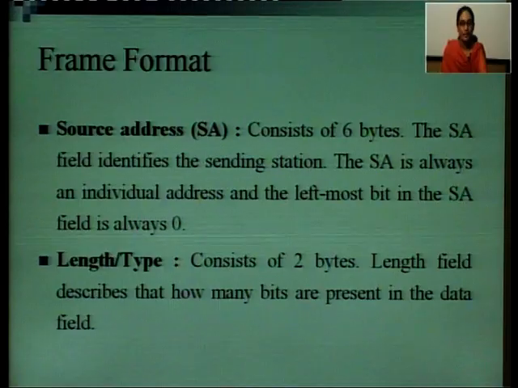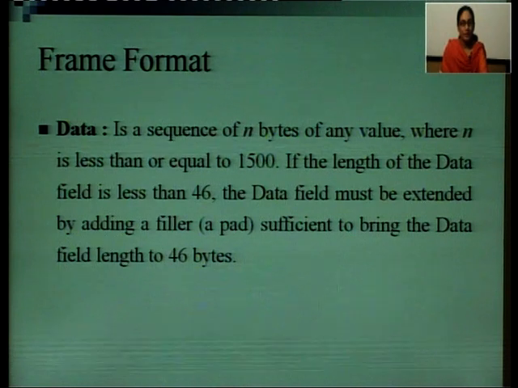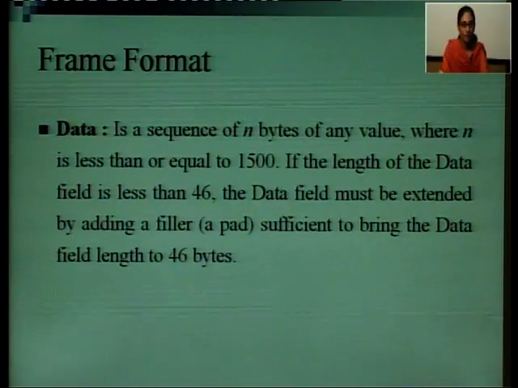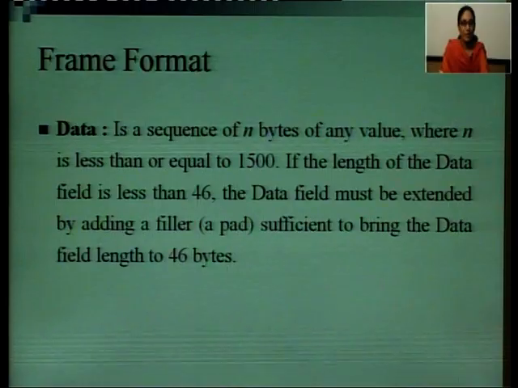Next field is the length or type. It is 2 bytes, and it describes how many bytes are present in the data field. Next is the actual data. It is the actual information, a sequence of n bytes of any value, where n is less than or equal to 1500.